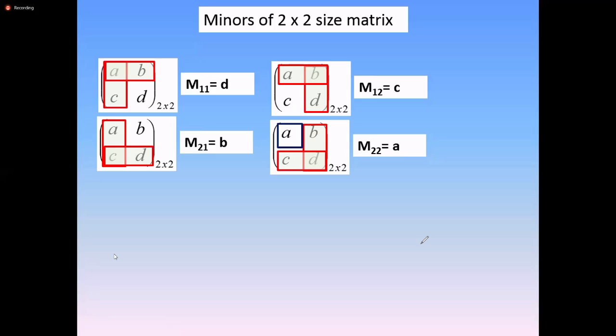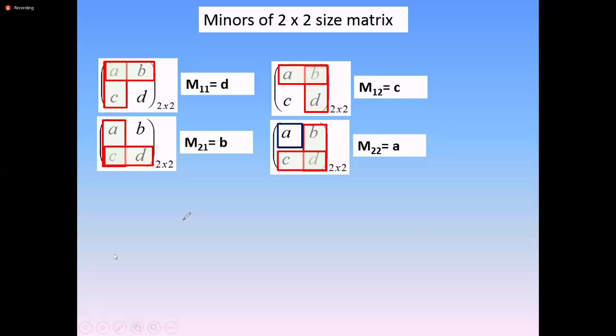Let's say it has 2, 1. What are the, get the main difference? Minus 2.